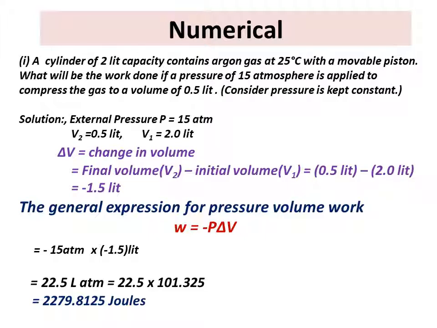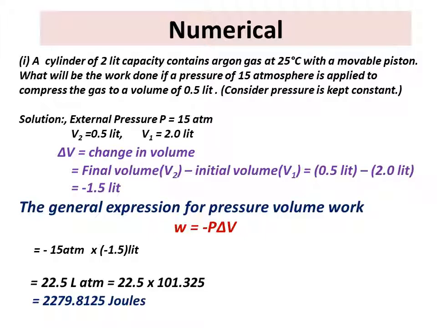On multiplying with that factor, we get 2279.8125 joules. So work done here is positive because it is a case of contraction. We have already learned that during contraction, work done is positive. So positive, and the numerical value is this many joules.